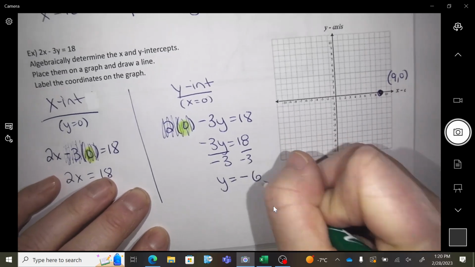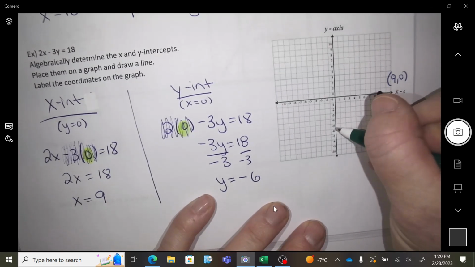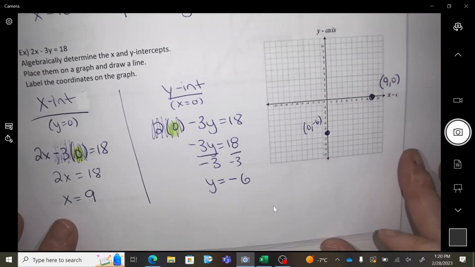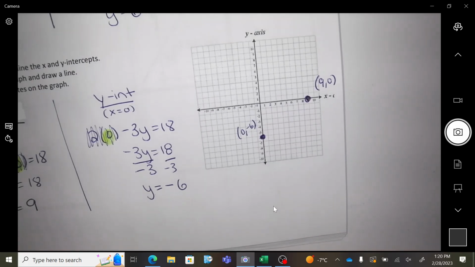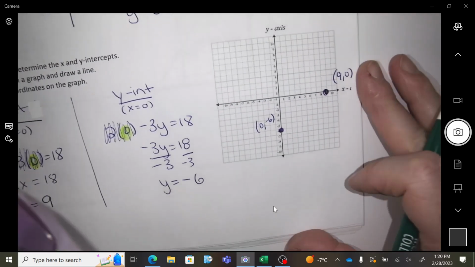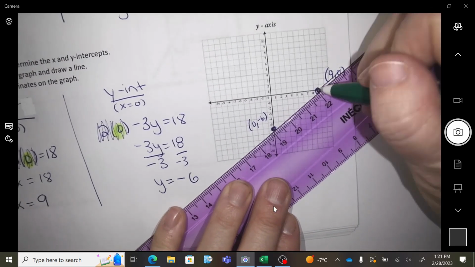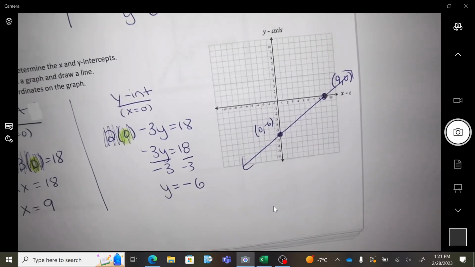Does that make sense? So I'd have to divide by negative 3. So 0, negative 6 is the full coordinate name. So what does my line look like? That one would end up with a positive slope, right? It's going up the hill.